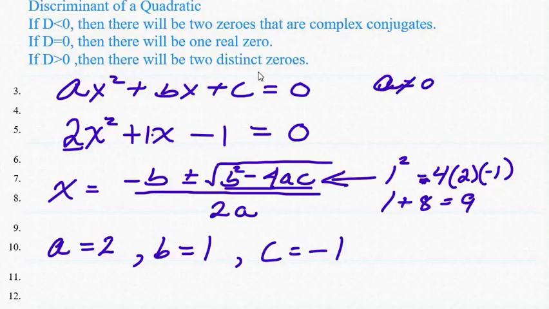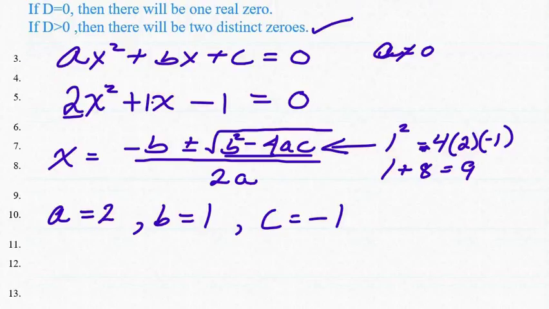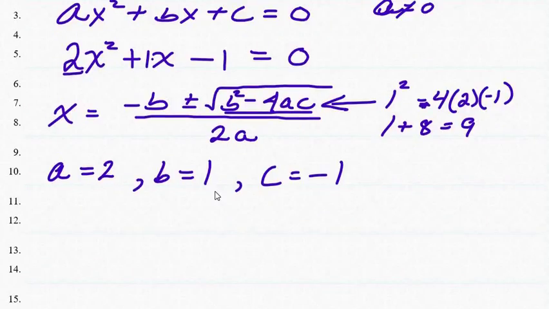So up here, we're in this category where the discriminant is greater than 0. Okay, so that's good. No imaginary numbers this time. All right, so let's go ahead and plug all this in. We have x is equal to, b is 1, so negative 1, plus or minus the square root.